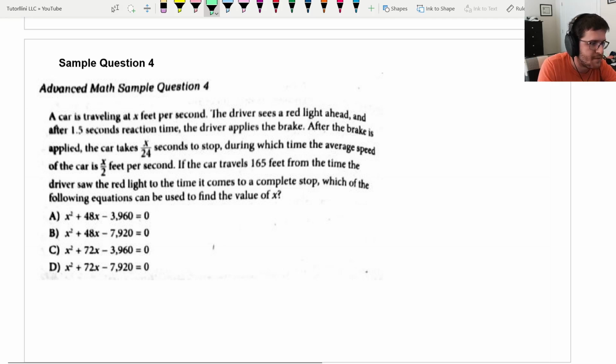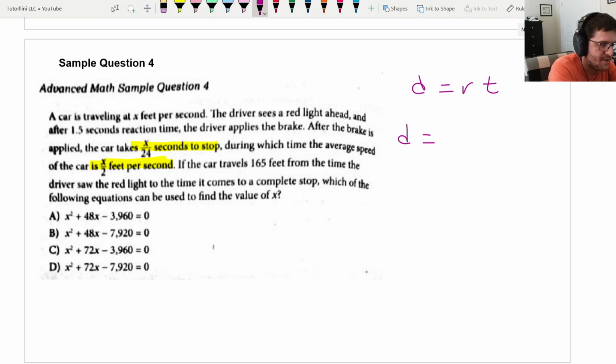Okay, this one's really confusing. It says after the brake is applied, the car takes x over 24 seconds to stop, during which the speed of the car is x over 2 feet per second. Okay, so distance equals rate times time. So the stopping distance is x over 24.